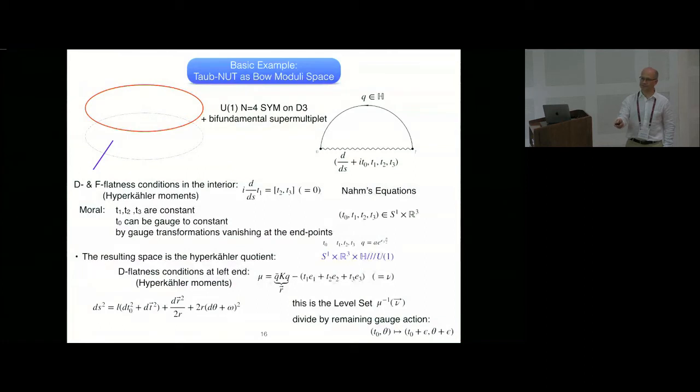I should have written this as Q bar, E3 Q. And acting on T's, it's this combination, essentially T itself. So when it vanishes or when it equals a constant, we get this condition. What we end up with is a 4-dimensional space parameterized by Q's, R4 or H if you like, and then R3 cross S1 parameterized by T's, and we are dividing by the remaining U(1) acting at the endpoint.